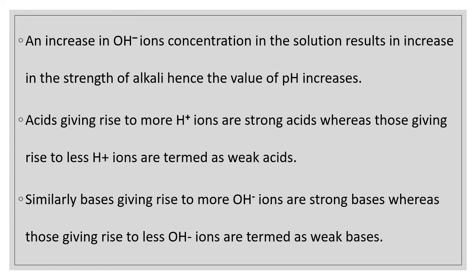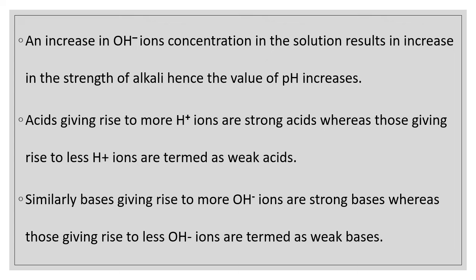For this we require a scale known as the pH scale, and to know the pH we use some indicators. They are chemicals which identify the given liquid as a base or an acid by their color change.